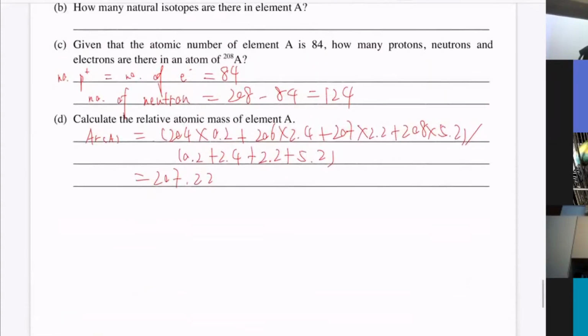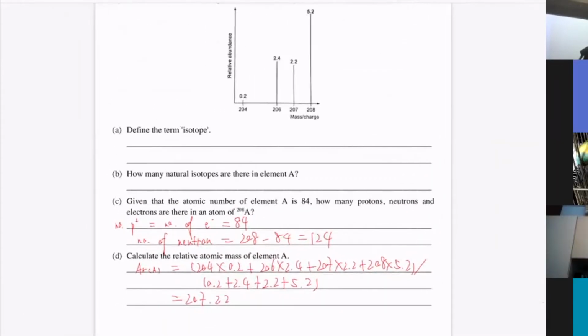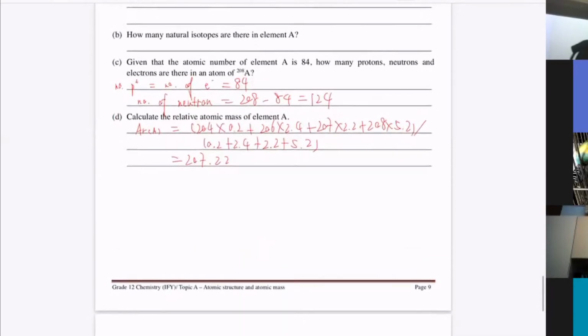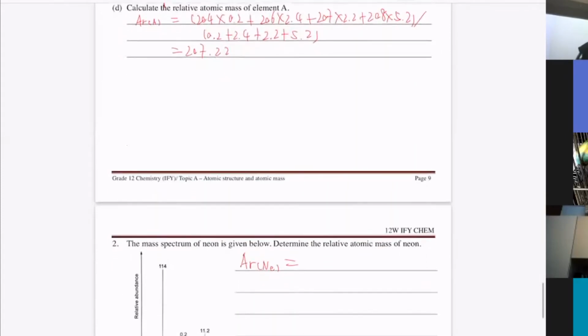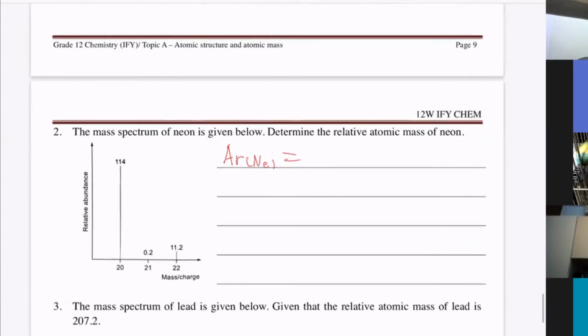Remember, in this equation, because the relative abundances do not add up to 100%, we're going to add them up and divide by the sum of those relative abundances. That's important in your equation. You need to have that in the second question as well when you set your equation.